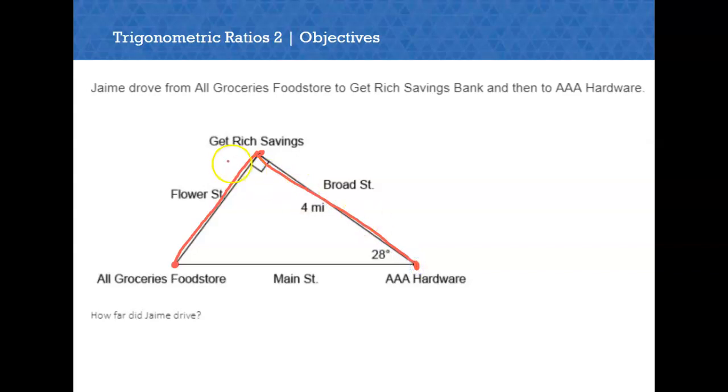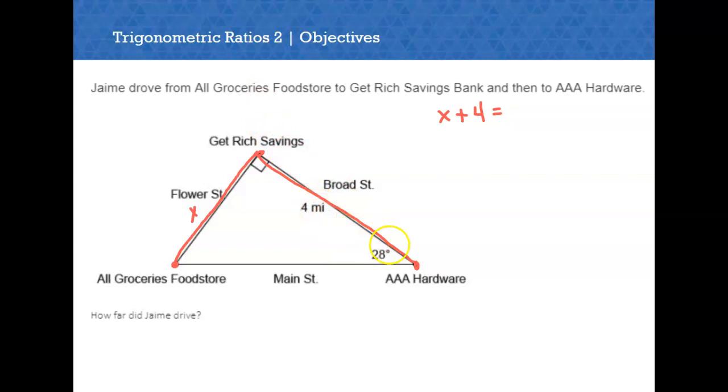Notice that from Get Rich Savings to AA Hardware is 4 miles. So I already know that I'm going to find this side right here, and then I'm going to add these two line measures together. So that means I'm going to say x plus 4 miles for my final answer on this question.